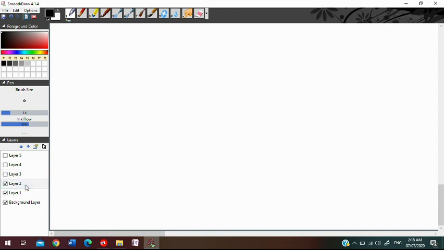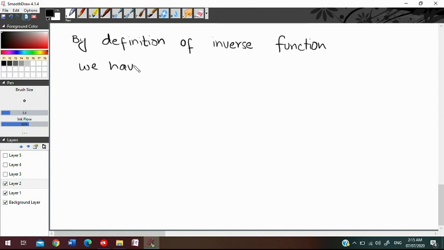But these are the domain and range of our original function f of x, where we have to find the domain and range of our inverse function. So by definition of inverse function, the domain of our inverse function is the range of our original function.